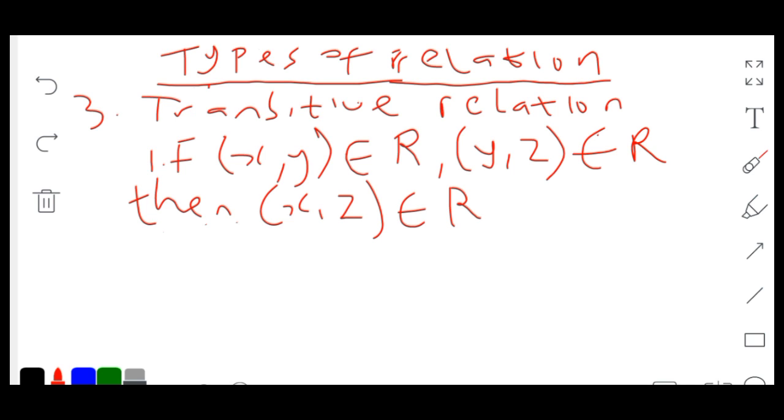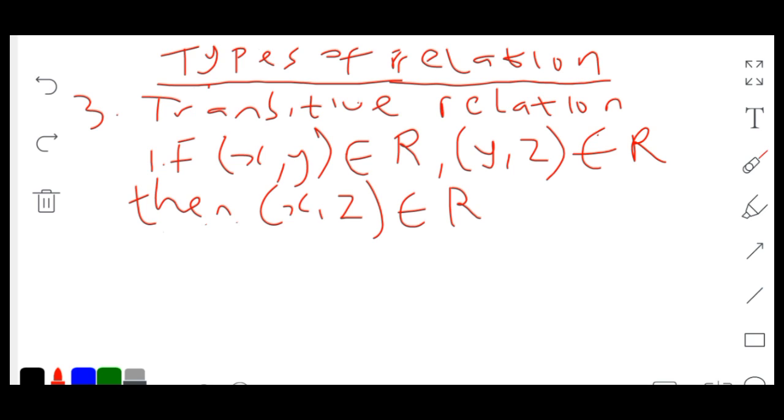In as much as (x, y) is a member of the relation and (y, z) is a member of the relation, then definitely we can say (x, z) is a member of the relation. As simple as that. That is, it is transferable. That's why I call it transitive relation.